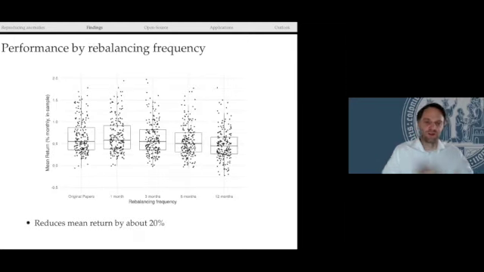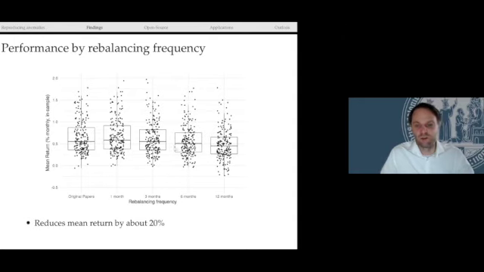We can also look at different rebalancing frequencies. So here it's the same idea. On the y-axis is again the mean return in sample, and on the x-axis we rebalance at different intervals between 1 month and 12 months. And overall, as you can see here, higher rebalancing frequency is associated with higher mean return.